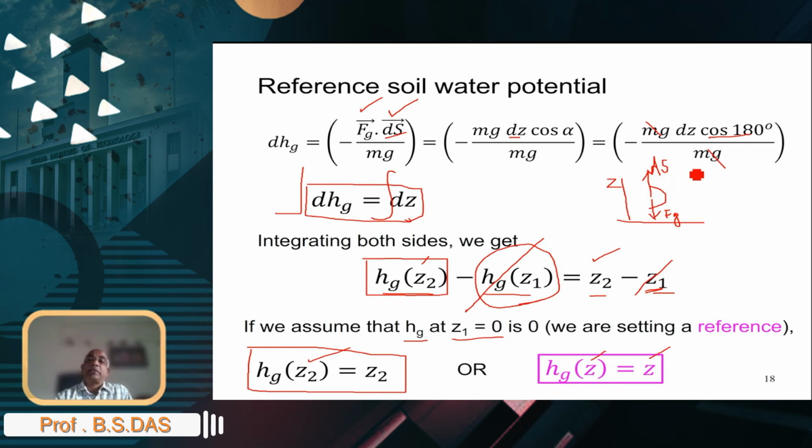But this requires that the coordinate system, the z-axis, must be defined in such a way that it is directed upward. It should always be positive upward. With that convention, you set this expression for the gravitational potential head. So this is your reference potential.